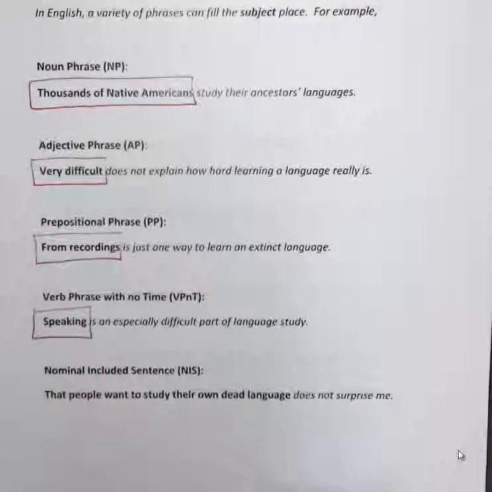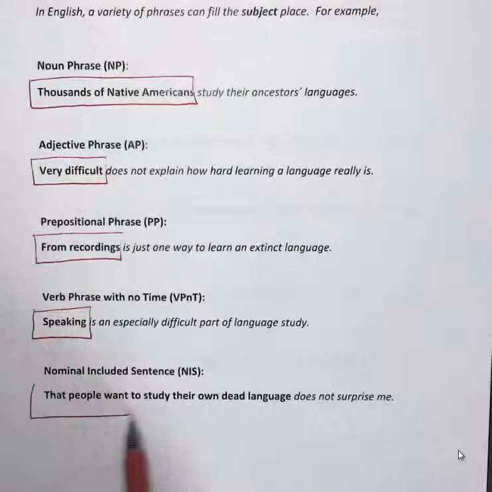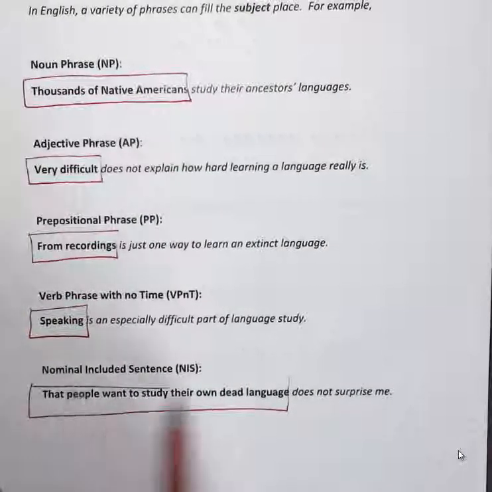Speaking is an especially difficult part of language study. The last thing I'd like to show you is that nominal included sentences, just like the one we just did, are often in subject places. That people want to study their own dead language does not surprise me.